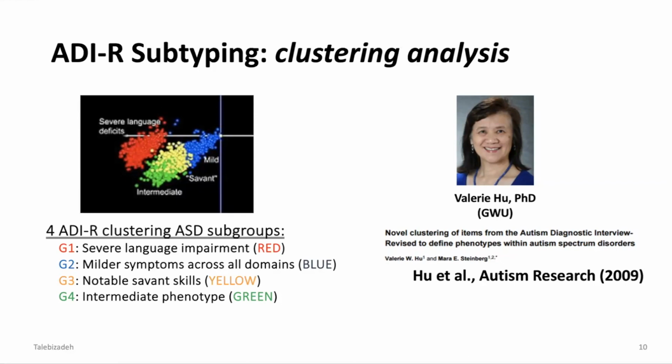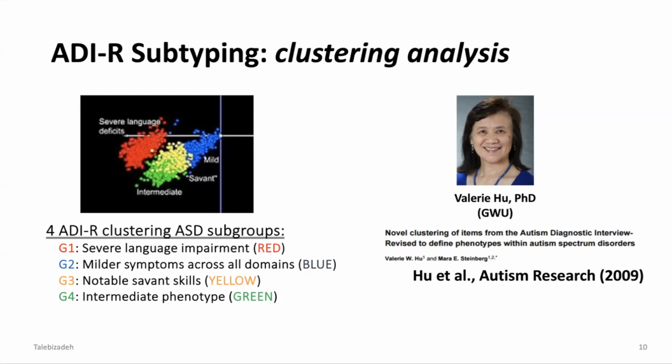Valerie Hus evaluated ADI-R scores across a broad range of symptoms using multiple clustering methods. This holistic approach resulted in identification of 4 subgroups of autistic individuals, shown here by 4 different colors. In collaboration with her group, we used the identified ADI-R subtyping to reanalyze genotyping data available from about 400 multiplex families.